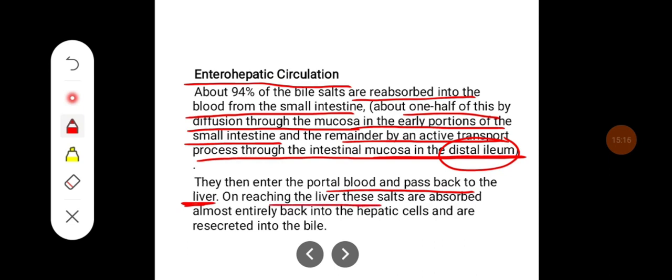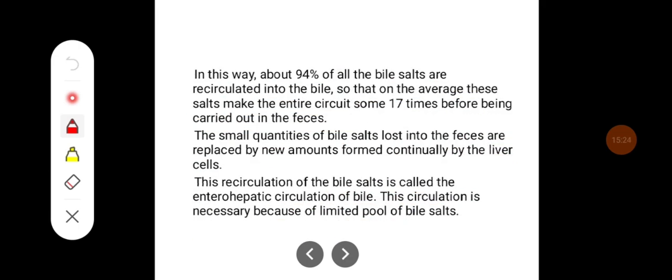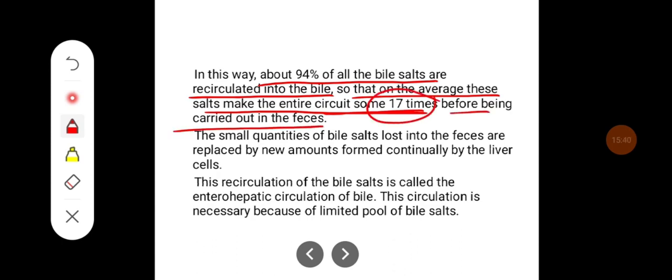On reaching the liver, these salts are absorbed almost entirely back into the hepatic cells and are resecreted into the bile. In this way, about 94% of all bile salts are recirculated into the bile, so that on the average these salts make the entire circuit some 17 times before being carried out in the feces.